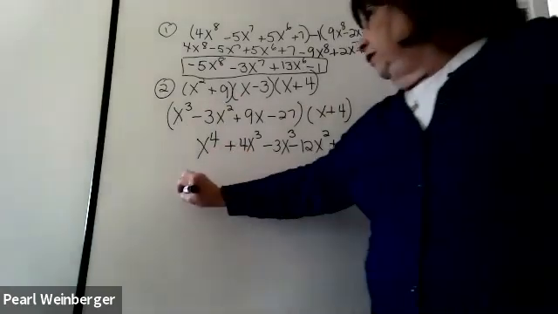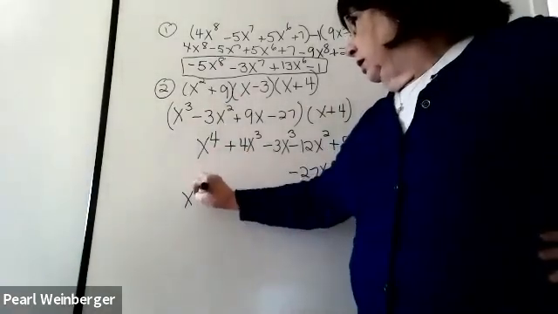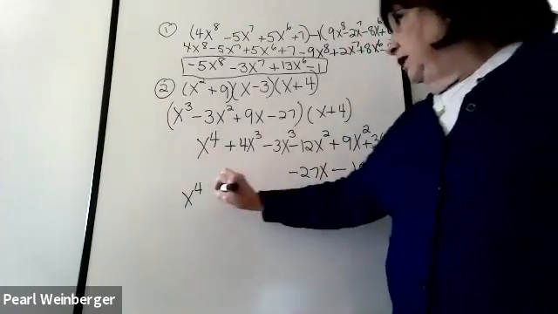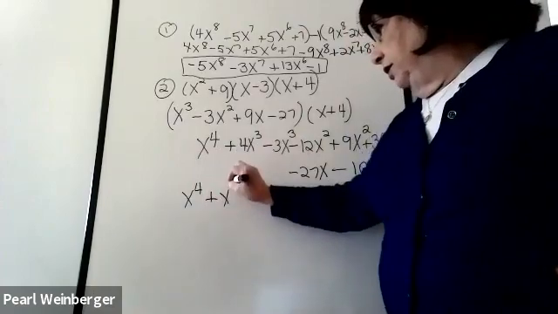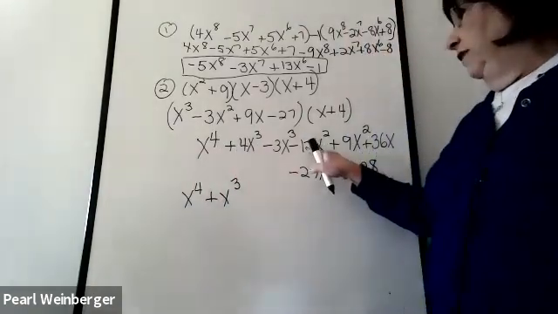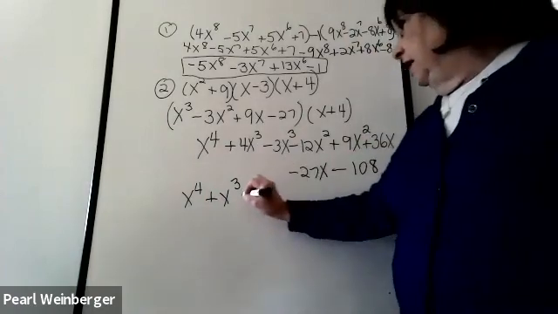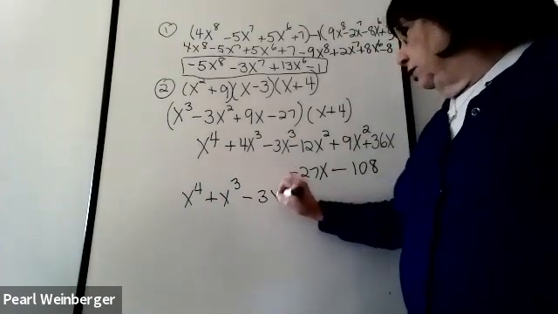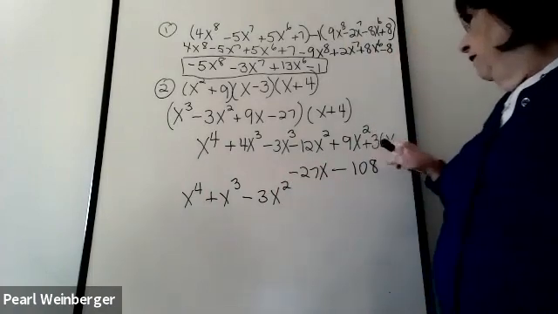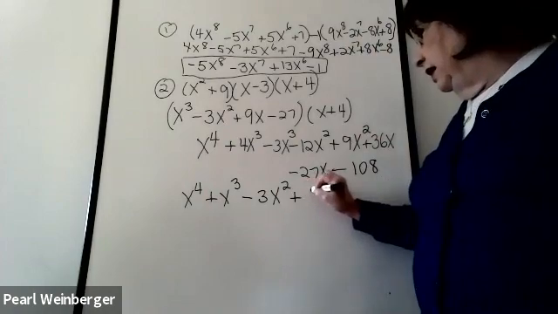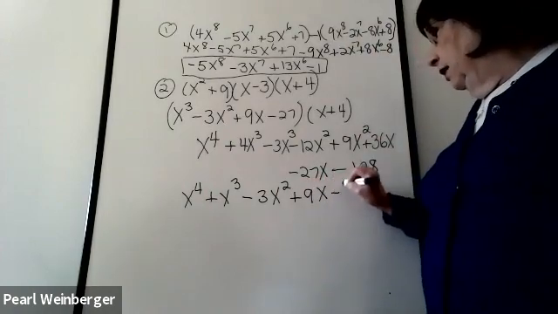There's an x to the fourth. Now there's a 4x cubed and a negative 3x cubed. So that gives me a plus 1x to the third. Now we have a negative 12x squared and a positive 9x squared. That gives me negative 3x squared. And finally, we have 36x minus 27x is plus 9x and minus 108.